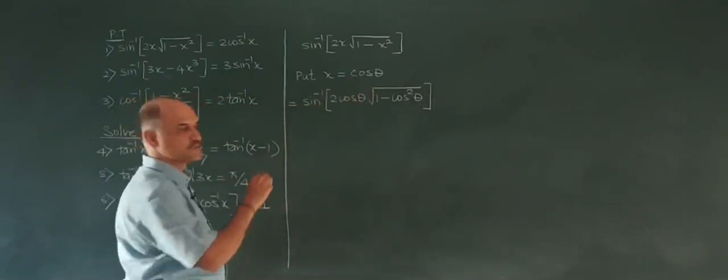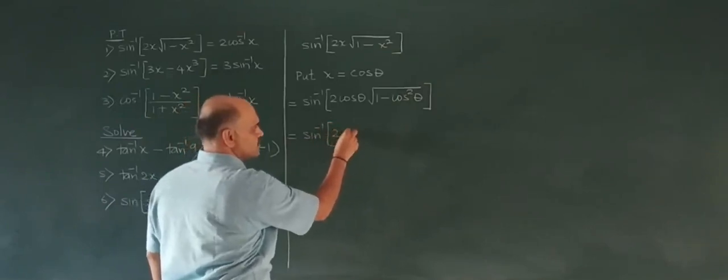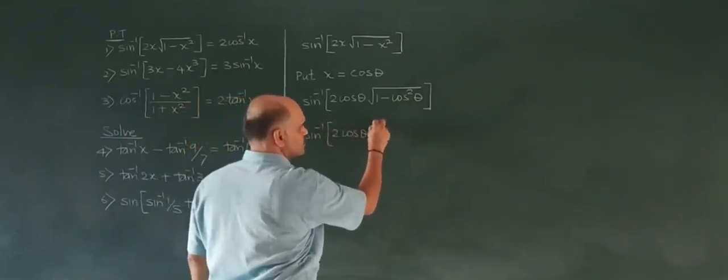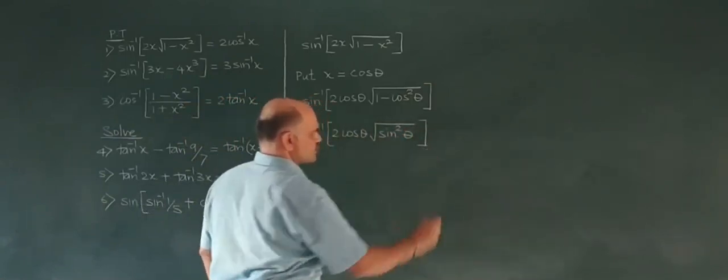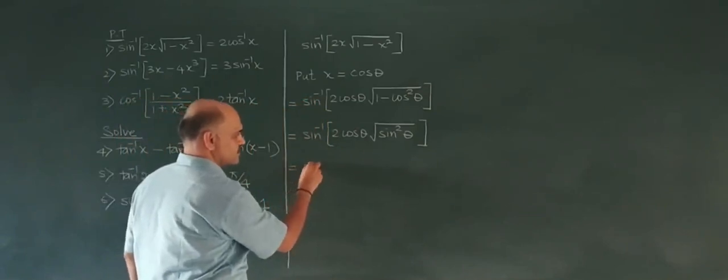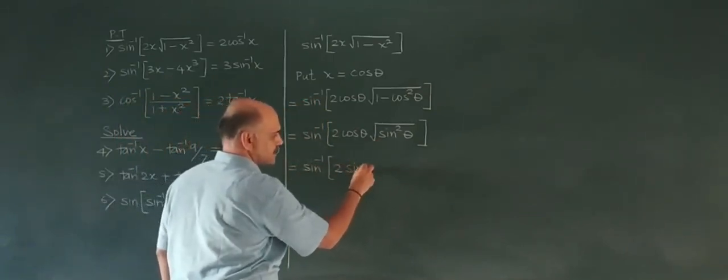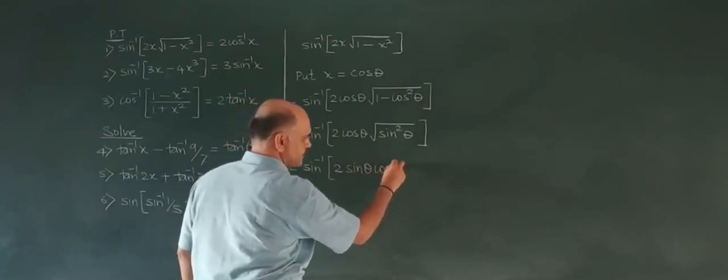Outside the root you will have sin theta. So sin inverse 2 cos theta root of sin square theta. So root and square get cancelled. So this will be equal to sin inverse 2 sin theta cos theta.